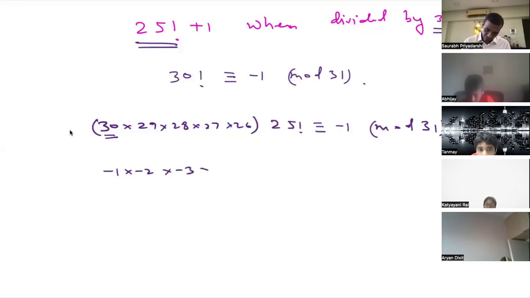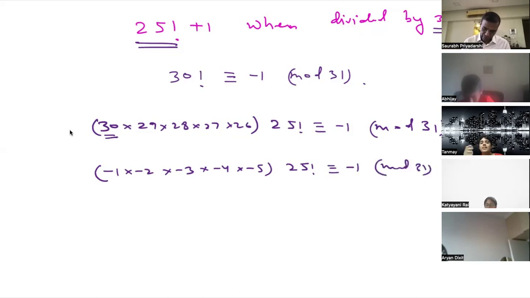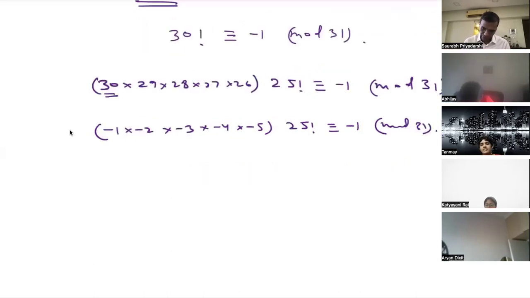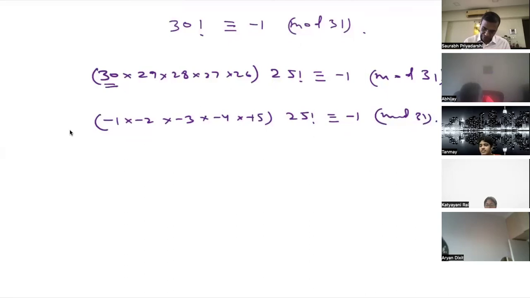1, 2, 3, 4, 5. 5 minus signs are there and 1 minus sign is there. So I can remove that, right? So this is 5 into 3 into 2, 30 into 4. 25 factorial is congruent to, oh sorry, +1 mod 31. And 30 is nothing but -1.